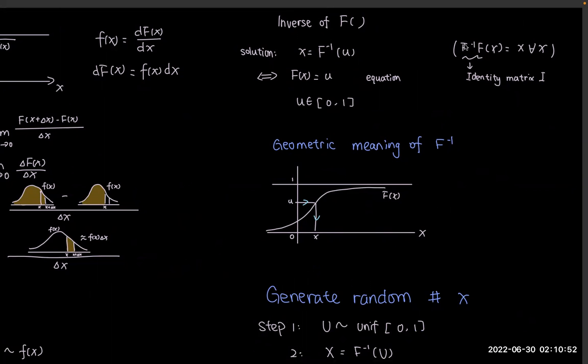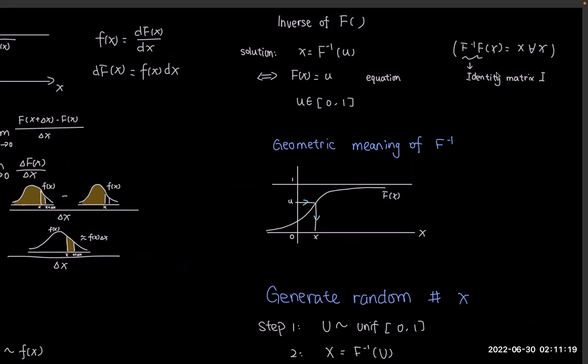So F inverse composed with F is the identity. It's not really an identity matrix, it's an identity mapping. We may use I to denote the identity mapping. It's not necessarily a matrix, not necessarily linear, and can be nonlinear. But in any case, if we call this identity mapping 1, then F inverse times F equals 1. That makes a lot of sense.